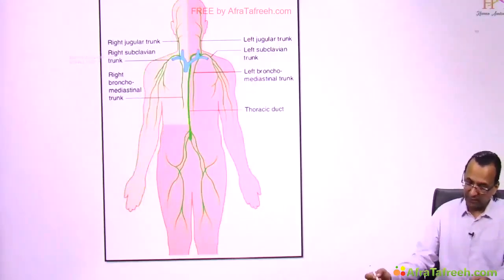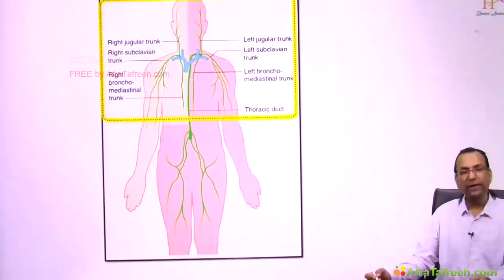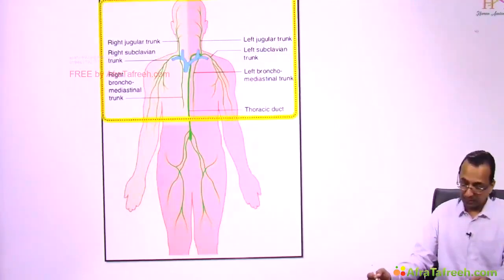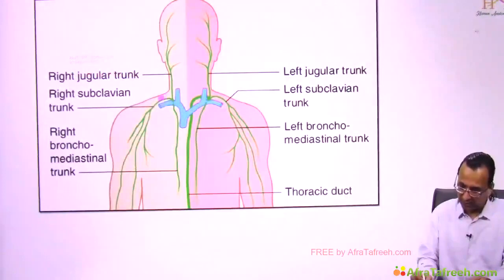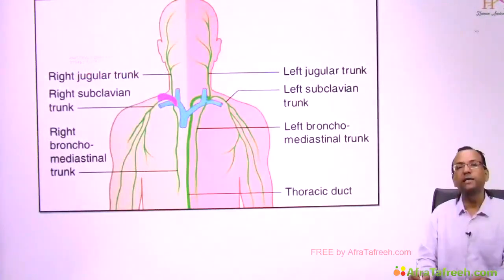As you proceed further with that detail, you will magnify this area and see. This is the right lymphatic duct, which is draining into the right venous angle, which is the jugulo-subclavian venous angle.